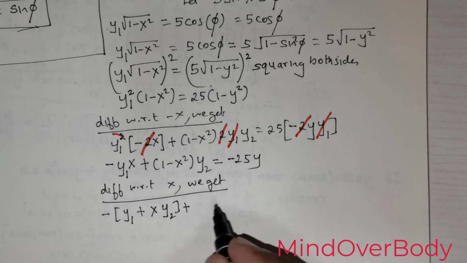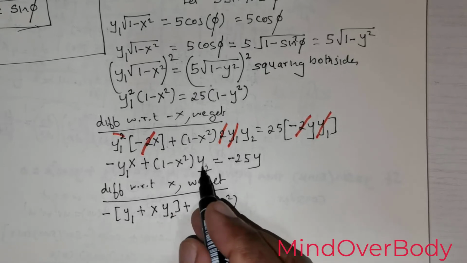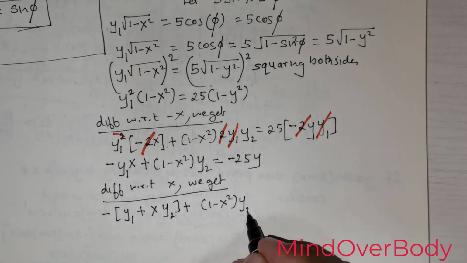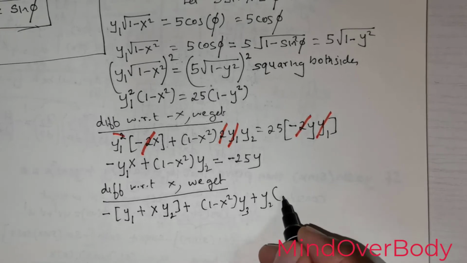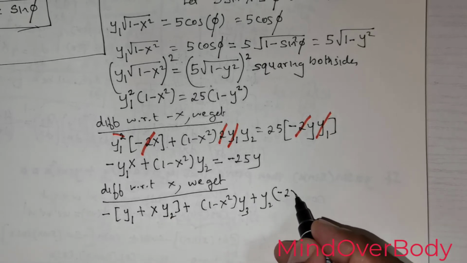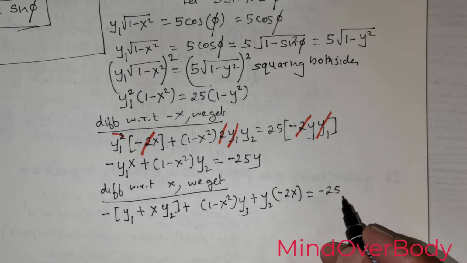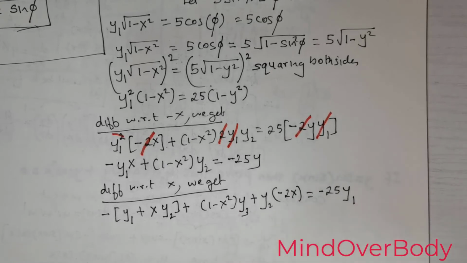That is fair enough. This is uv, so it's going to be 1 minus x squared, the differentiation of y2 is y3, followed by y2 times the differentiation of 1 minus x squared, which gives negative 2x, is equal to negative 25 times the differentiation of y, which is y1.